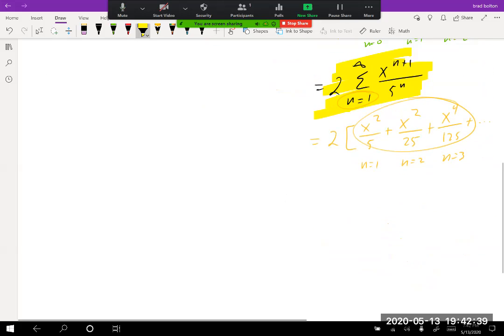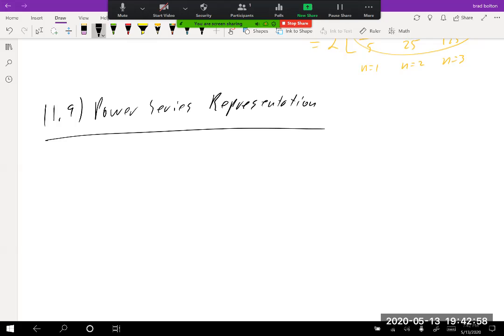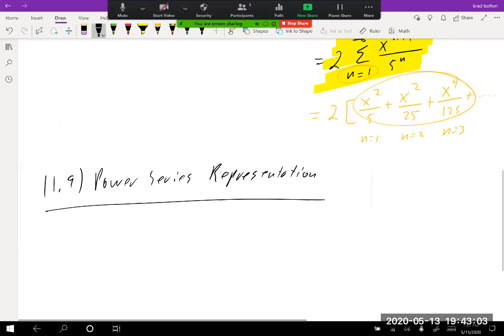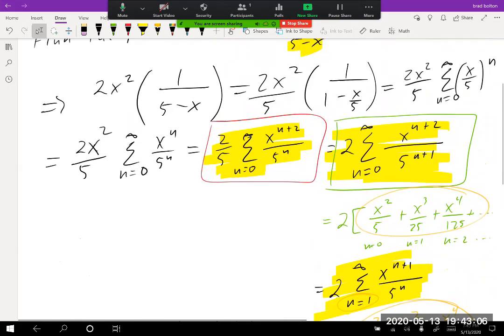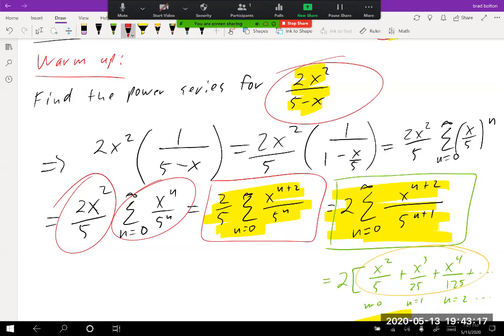Okay, so now let's start 11.9. So this will be power series representation. So basically in the last section, in this warm-up, we saw that we could take this function, 2x squared times 5, and multiply it by this series, and we could build that series.